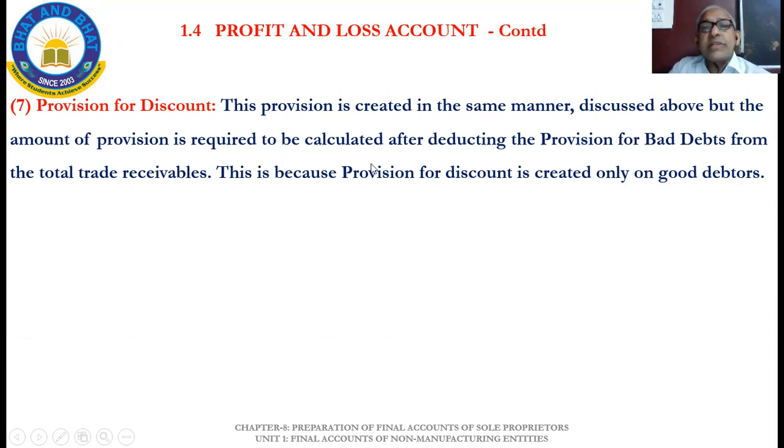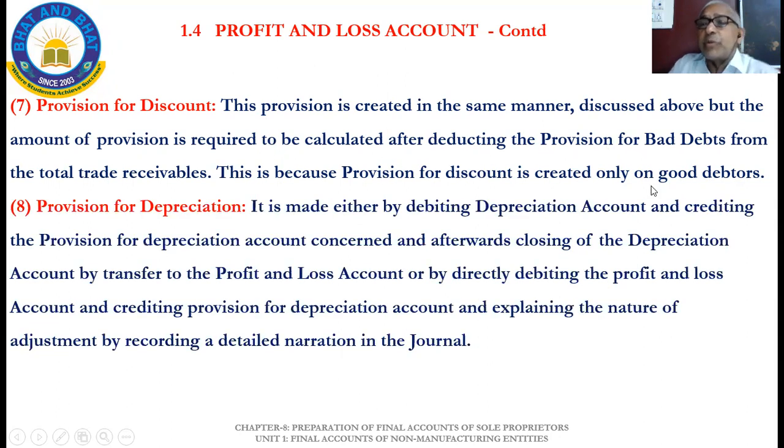Amount of provision is required to be calculated after deducting the provision for bad debts from total trade receivables, because discount will not be given for the bad debts because money is not received. If there is a cash discount offered for getting the money at the earliest possible, if the money is not received, that discount will not be given, right? That is provision for discount.